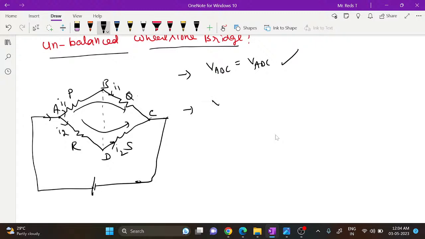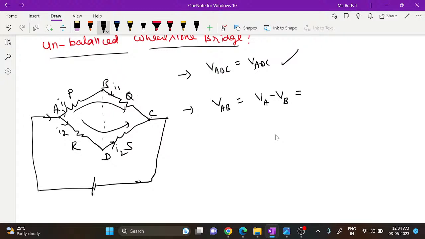You can also apply this to the potential drop across A and B. If you express VAB, current is passing from A to B. Current flows from higher potential to lower potential, so you can express the potential difference as VA minus VB: the potential at higher potential point A minus the potential at lower potential point B. From Ohm's law, V equals IR.